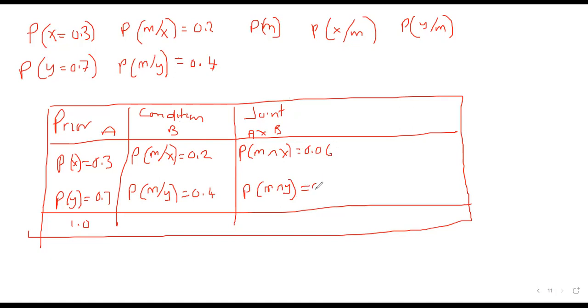This is 0.28. So the total will be the probability of what? Which letter is common here? M. So with the probability of m, this will be 0.34. Then we go to the posterior.